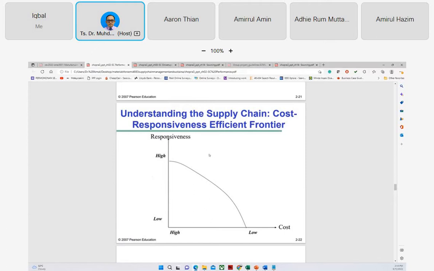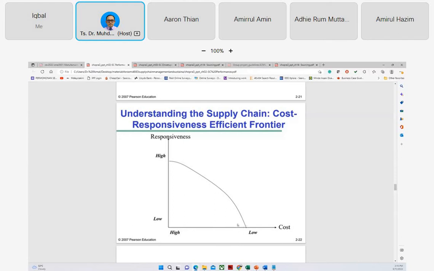So when you look at very high responsiveness, definitely you are going to pay more. That's how it relates on the graph. But if you look at low responsiveness, you are going to pay less. That's the normal thing. When you want your product to be received tomorrow, for example, you made an order today and want to receive your item tomorrow, then you have to pay extra for the shipping cost.